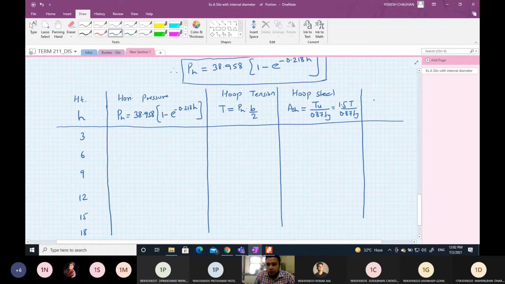Then you can provide the reinforcement details. So just find these values at your end.